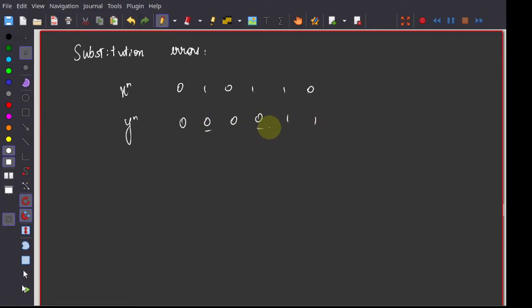Can I write yn as xn plus some error vector? What would the error vector be in this particular case? It would be 0, 1, 0, 1. So whichever locations are changed, put a 1 in that particular location, and the others you put a 0.